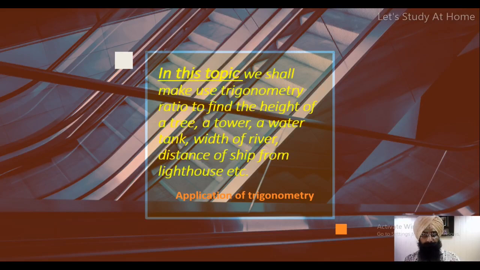In this topic we shall use trigonometric ratios to find the height of a tree, the height of a tower or water tank, the width of a river, or the distance between two ships. For example, if someone is observing ships from the top of a building, how do we find the distance between the two ships if they are on a straight line? Let's see, then you will understand everything.